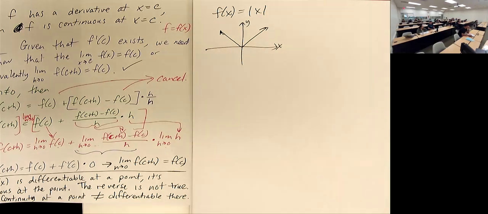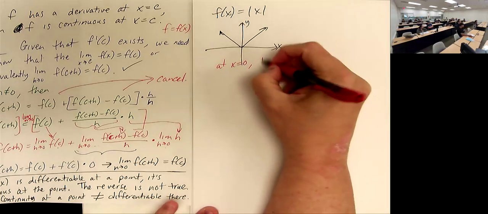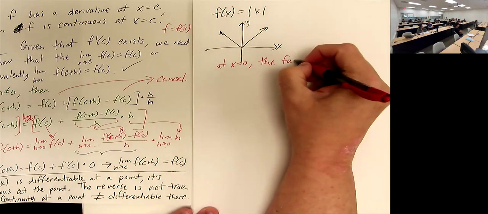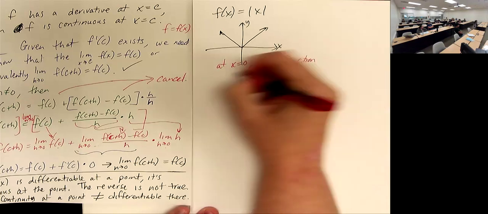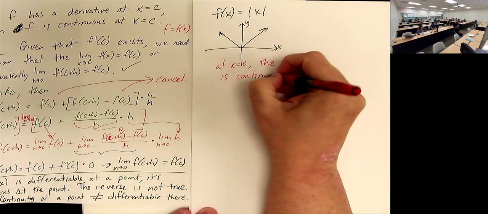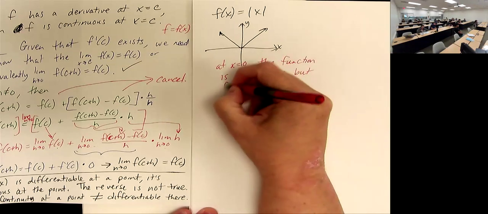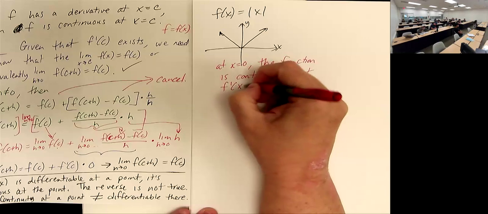At x equals 0 the function is continuous, but f prime of x does not exist at 0.